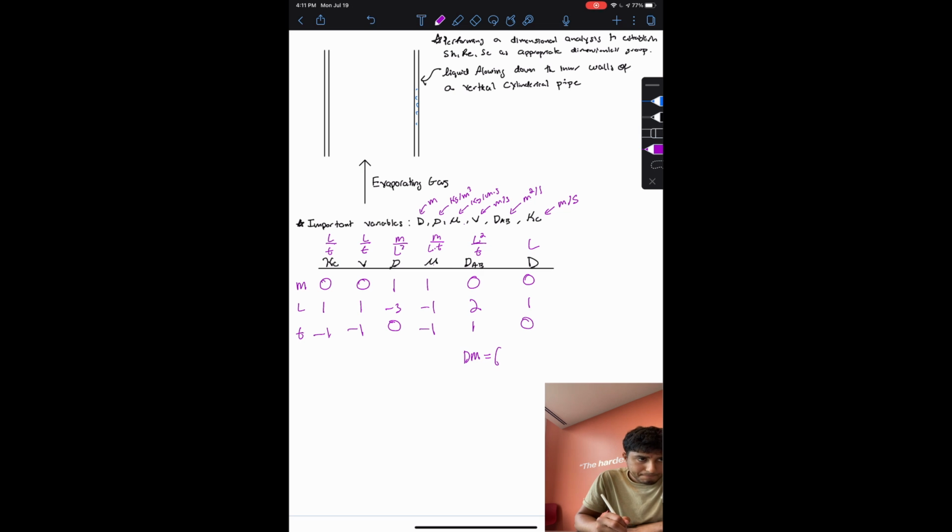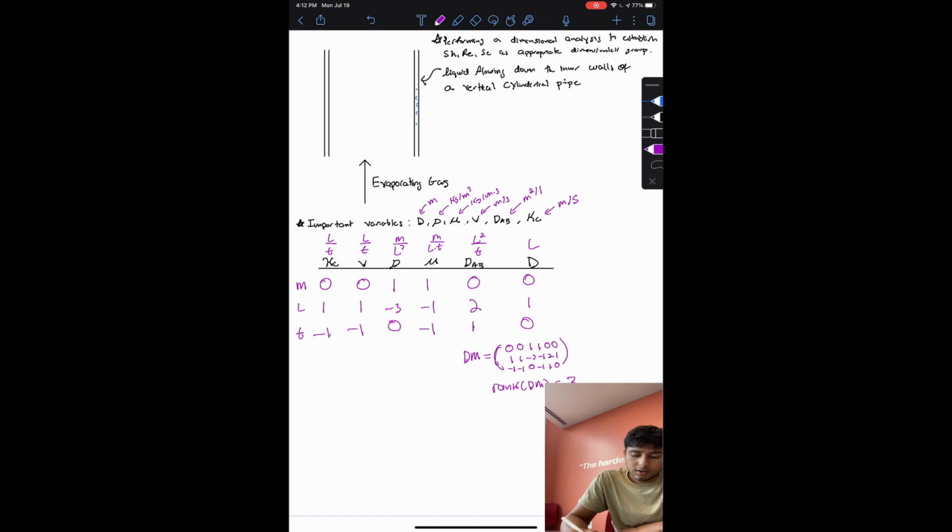So we're going to write it down: 1, 1, 0, 0, 1, 1, -3, -1, 2, 1, -1, -1, 0, -1, 1, 0. And if we do the rank of this in Python, we get that it's equal to 3. So we know that the number of dimensional groups is equal to 3.